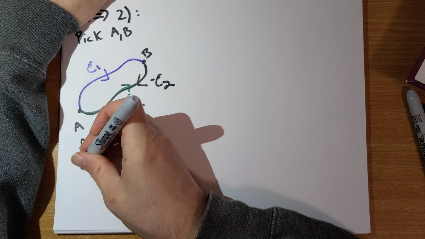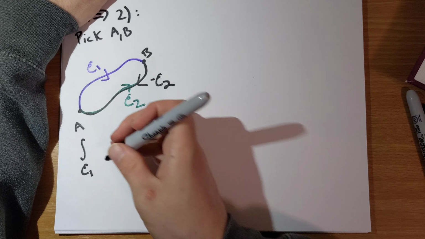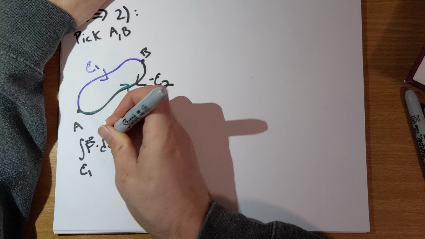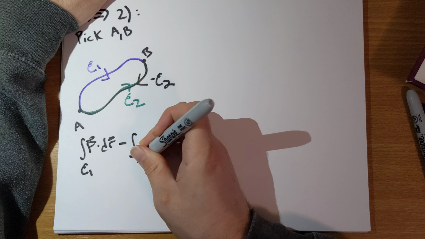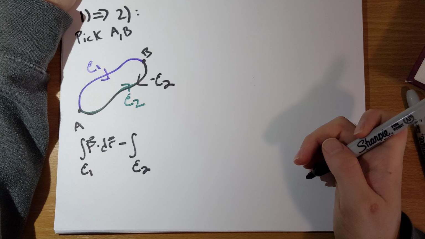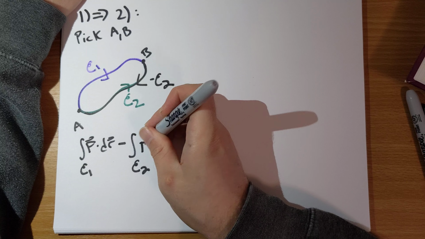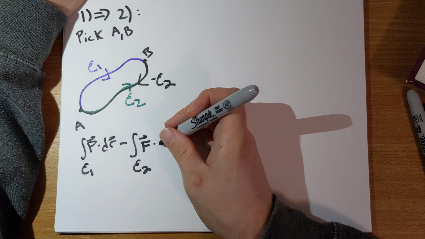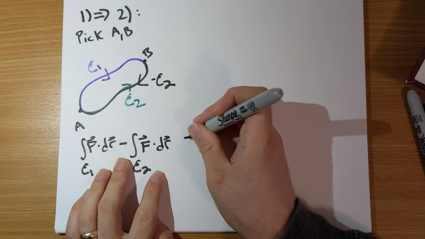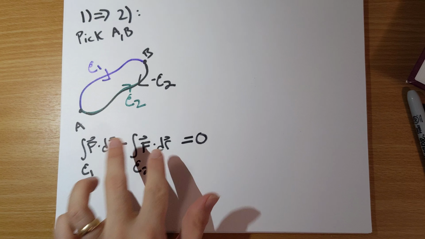So the integral, I'm going to make up a little bit of notation here, along C1 of F dot dr minus, since we're going in the wrong direction, the opposite direction along C2, the integral along C2 of F dot dr. This is equal to 0.